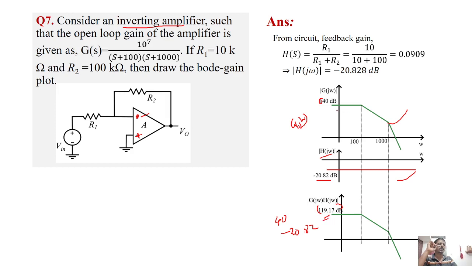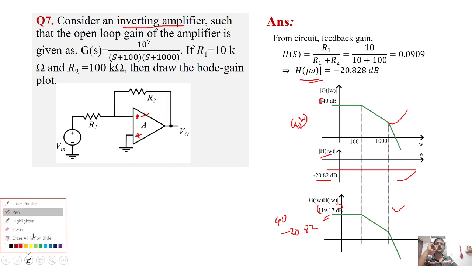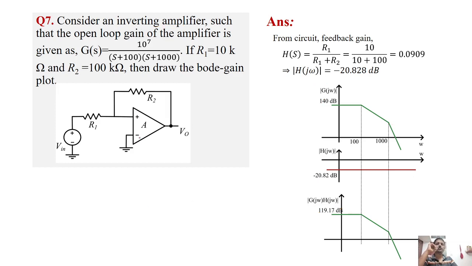So the entire Bode gain plot of G of j omega in dB will be shifted downward, that is what we can see here. Definitely there will be a change in gain crossover frequency and all when such a feedback is connected. That is what we have to take away from here. I guess it's clear. Sorry, this will be negative; I will correct it while uploading in the drive.